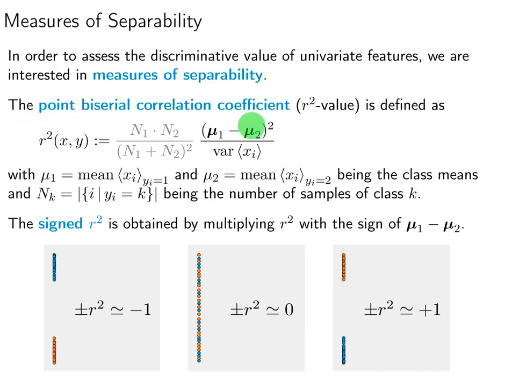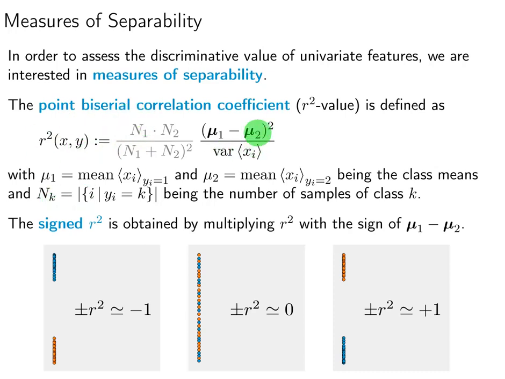It's r squared of given two univariate features, with mu1 being the mean value of the first feature, and mu2 corresponding to the second univariate feature belonging to the second class, and n of course stands for n1 for one class, n2 for the second class, target or non-target, the number of samples of each class.